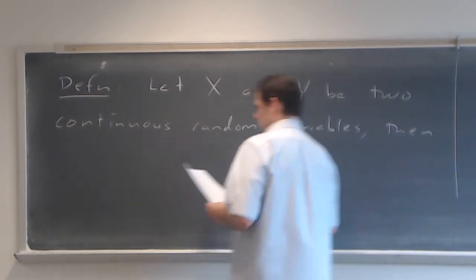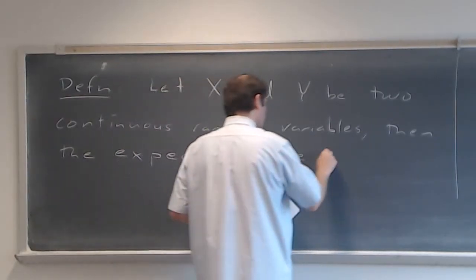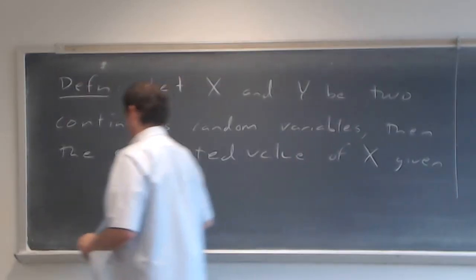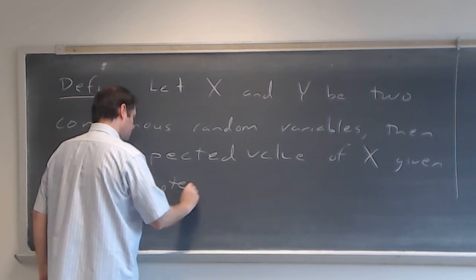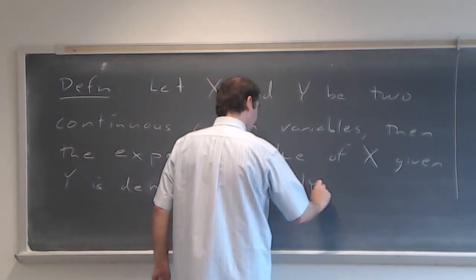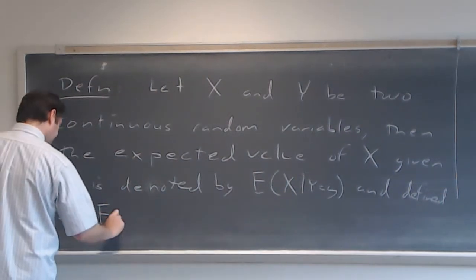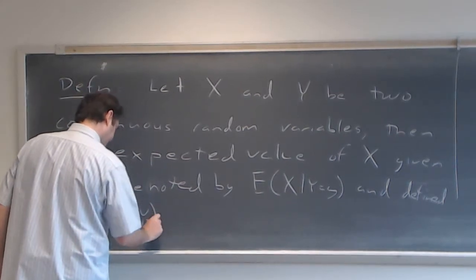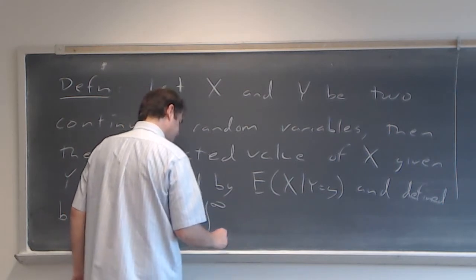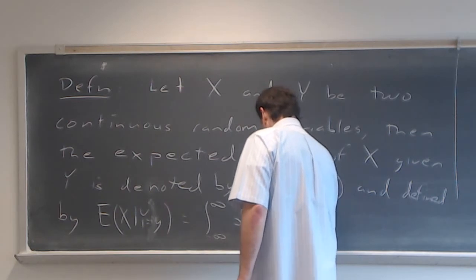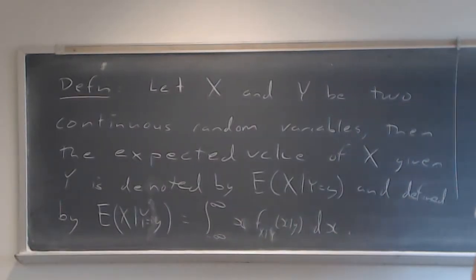Then the expected value of X given Y, the conditional expectation, is denoted by the expected value of X given Y equal to y, and defined by the integral over all real numbers of x times the conditional probability density function of X given Y, and you integrate with respect to x. So that's its definition.